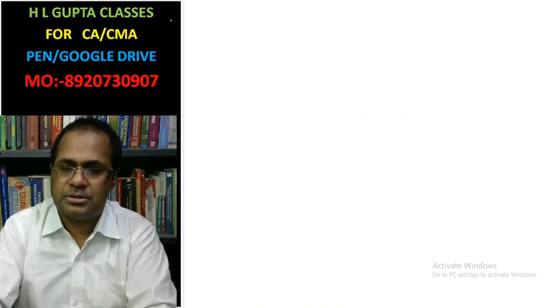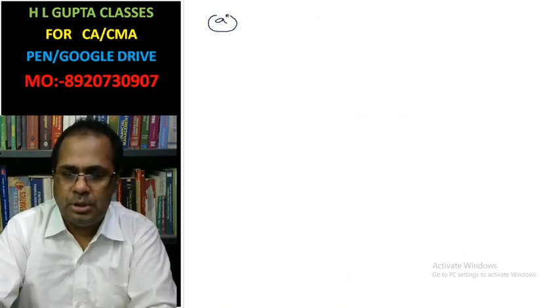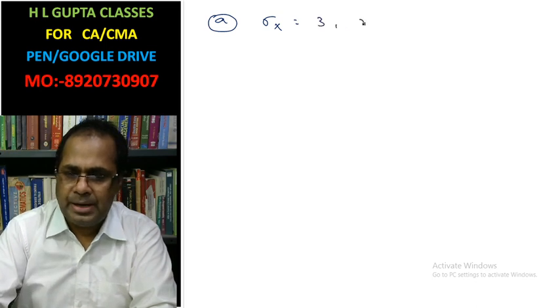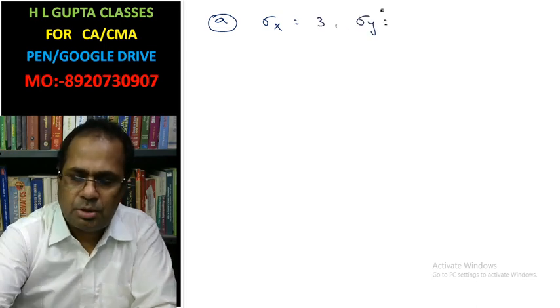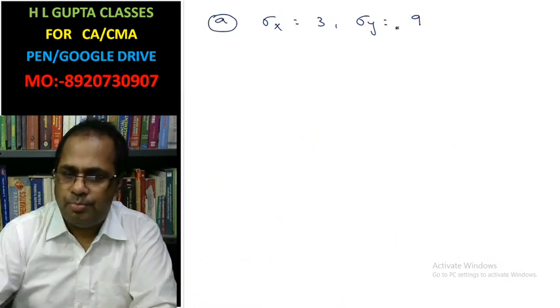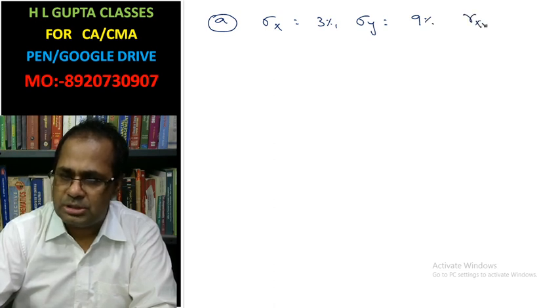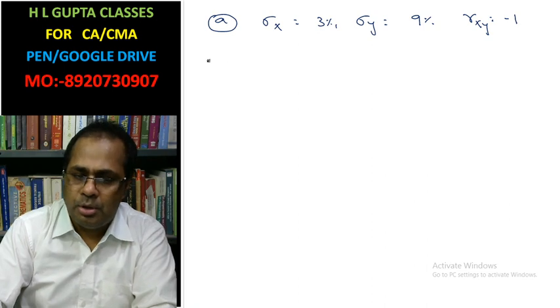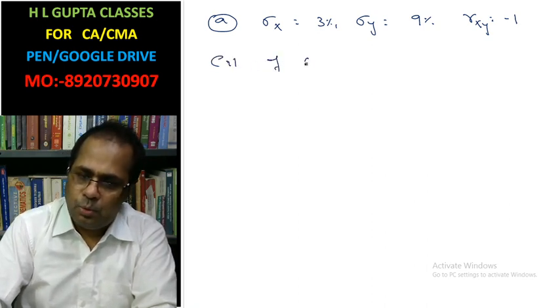Now, in this case the standard deviation of X equals 3%, the standard deviation of Y equals 9%, and the coefficient of correlation XY is -1. Now, calculation of weight for minimum risk.